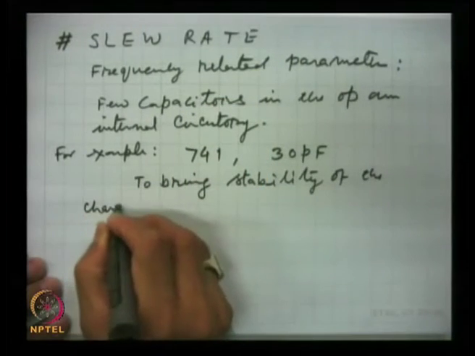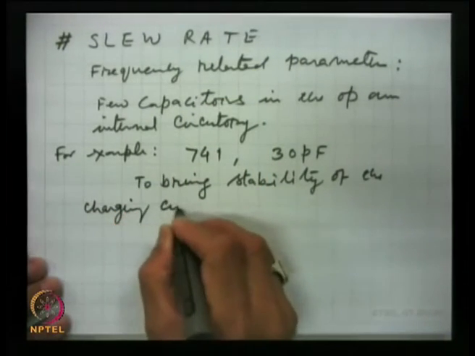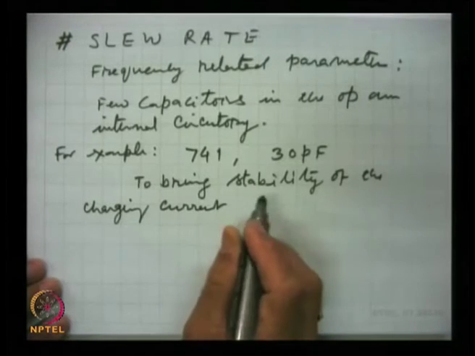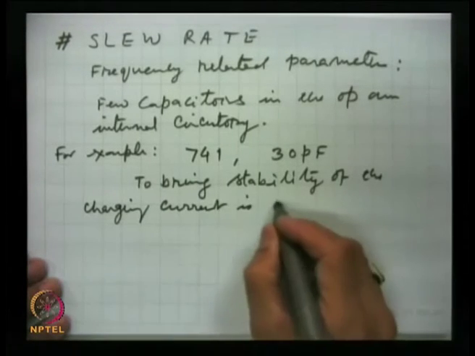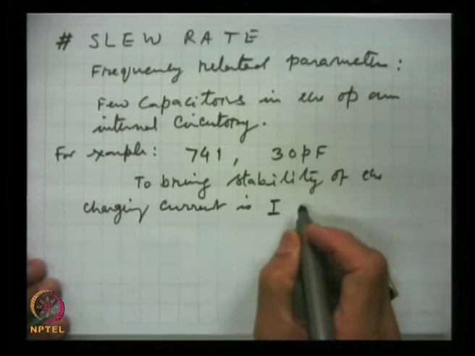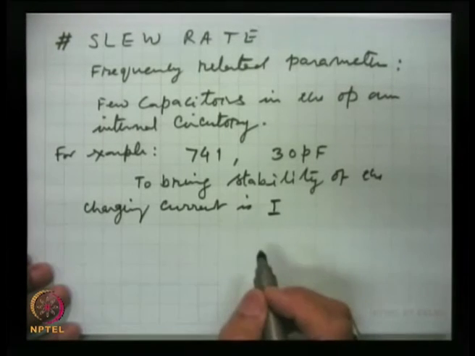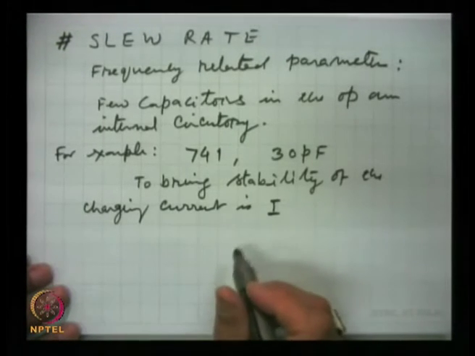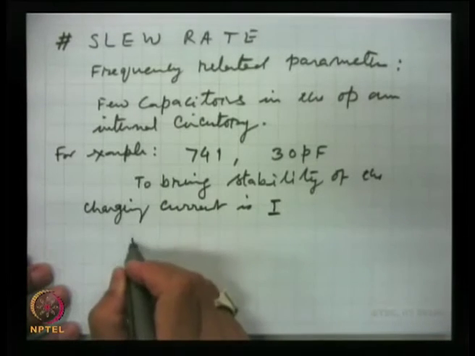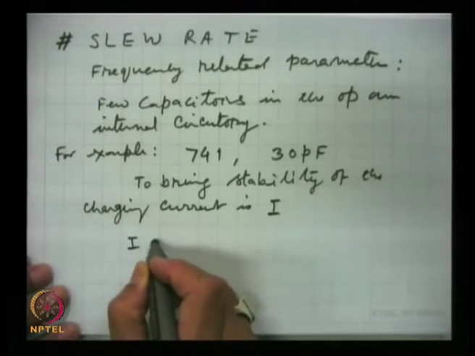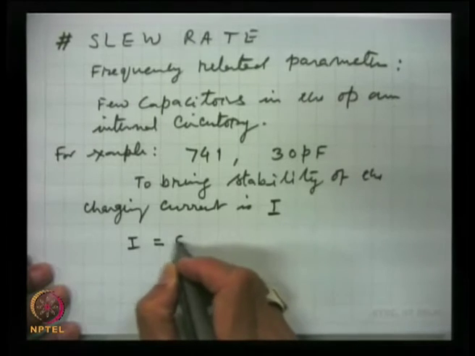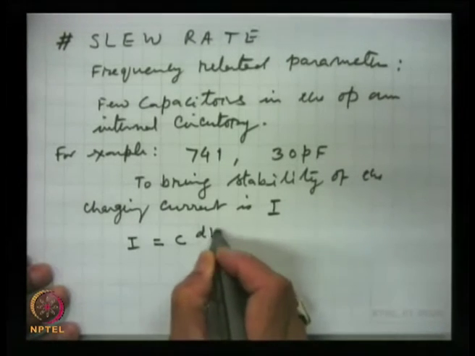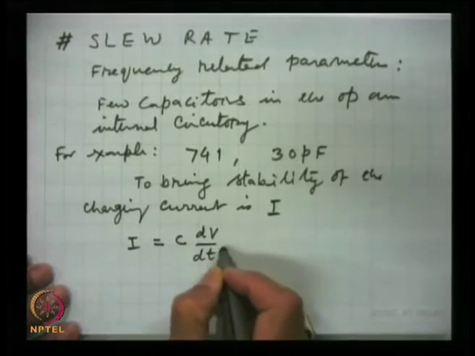Now, if the charging current is I, then the capacitor C will have a rate of change of voltage given by I equal to C dV by dt.